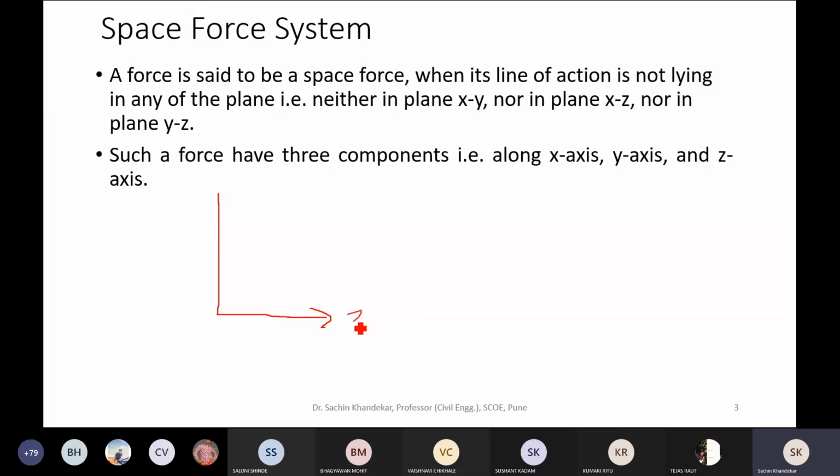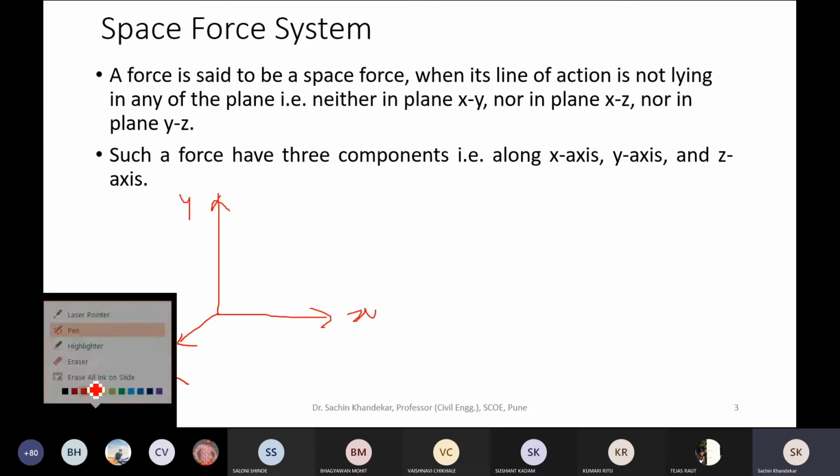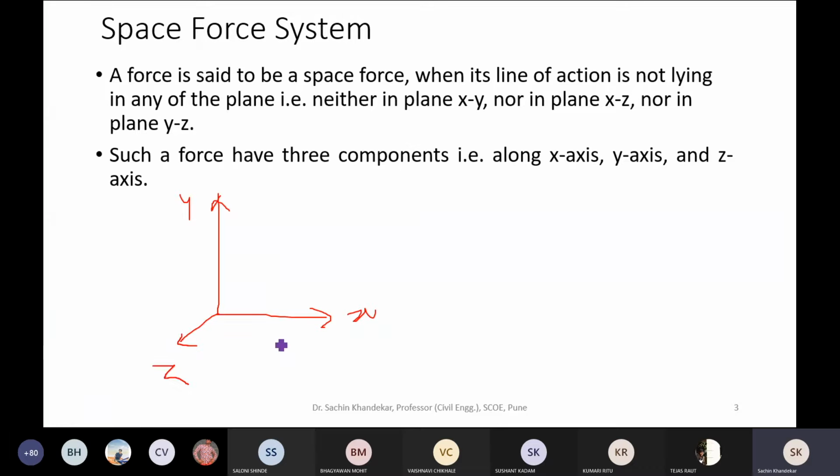Suppose this is the x-axis, this is the y-axis, and this is your z-axis. A space force is something like this. Now imagine this is a three-dimensional case, please note that. This force is not lying in any of the planes.